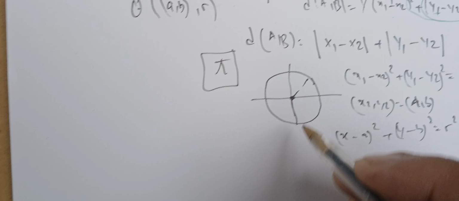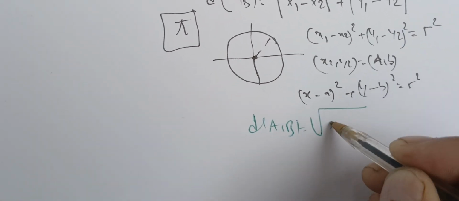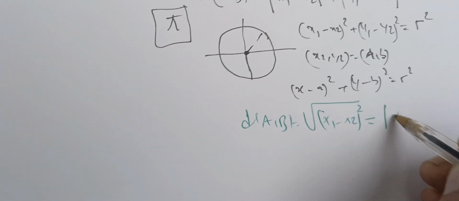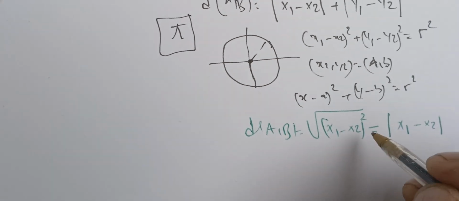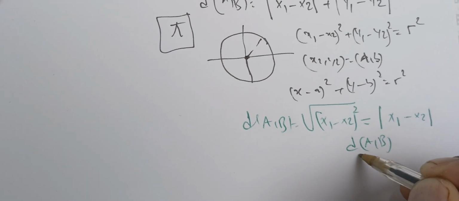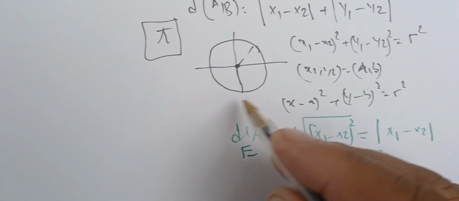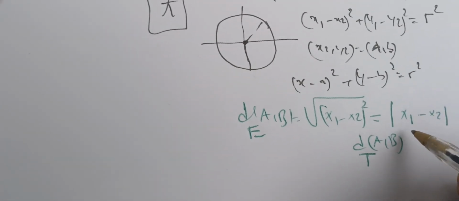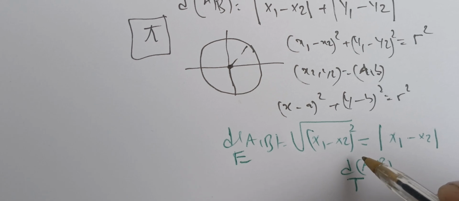Therefore we get that the distance between A and B is the square root of (x1 minus x2) squared, and this is |x1 minus x2| in the Taxicab. Let's use T here and E here, to mean that this is computed using the Euclidean distance, and this is computed using the Taxicab geometry.